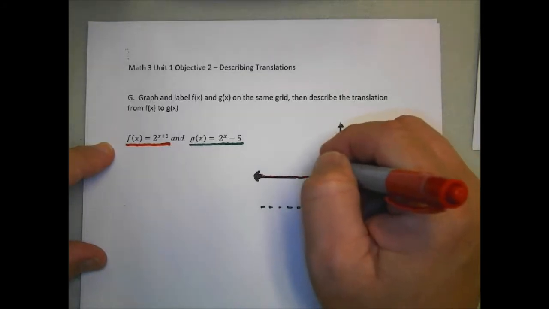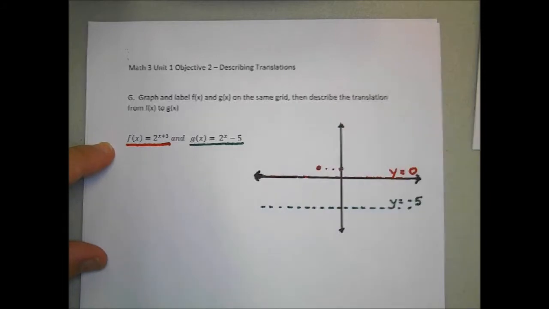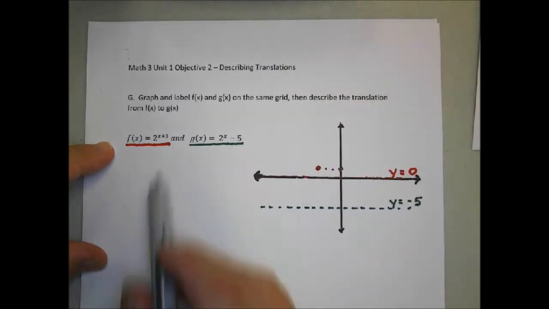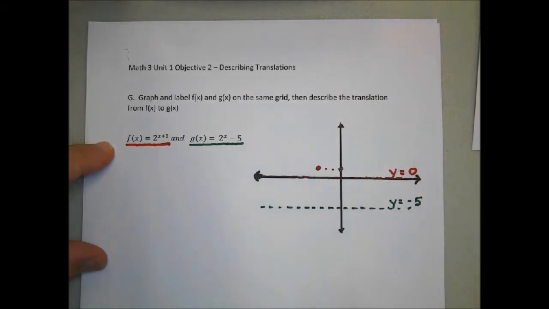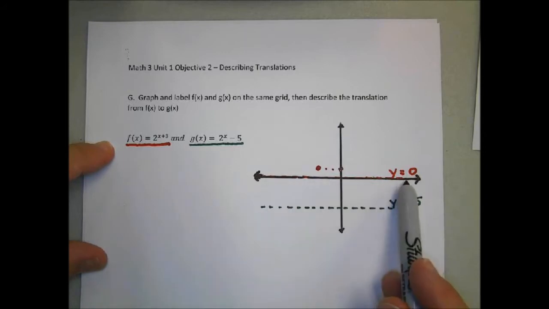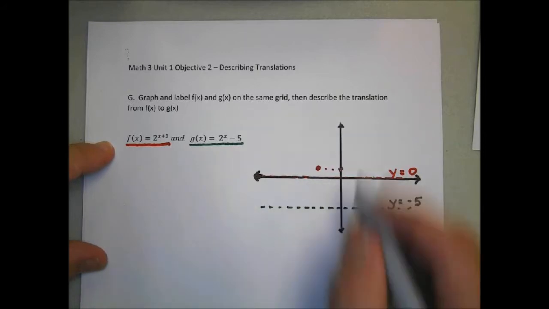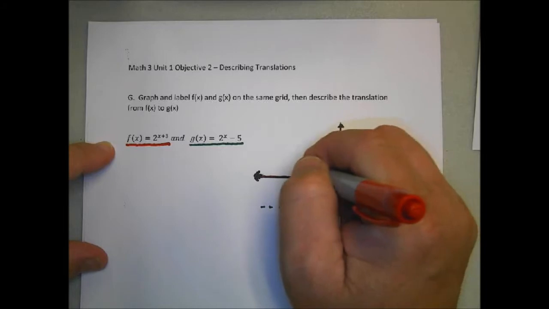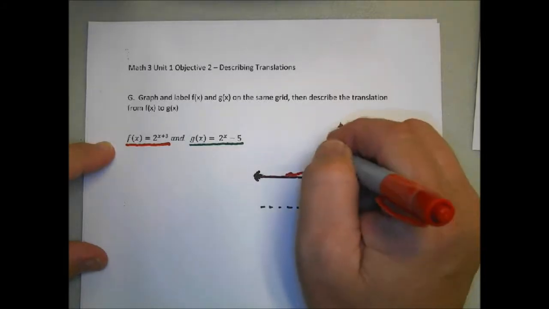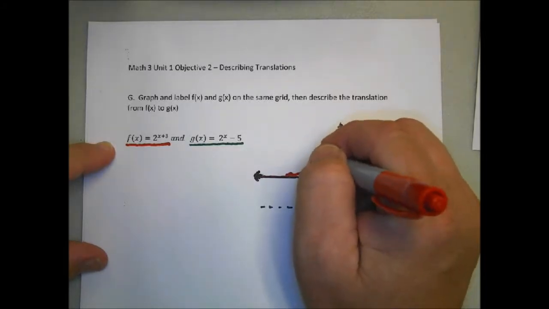So there's my new key point. Now, there is no up or down shift because there's nothing else in the equation. So if I were to just sketch that graph, and the asymptote, can't forget the asymptote, is right here at y equals 0. If I were to sketch the graph without plotting in any other points on the graph, it would look like that.